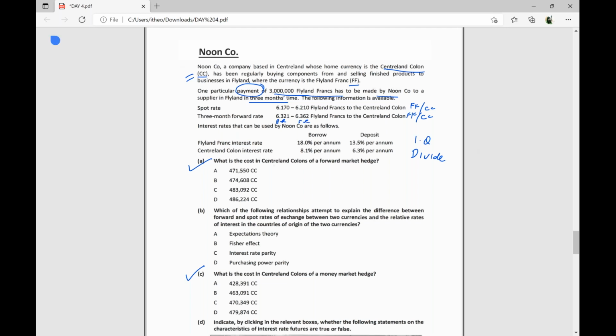Here it's Flyland franc to CC, that means FF over CC. Borrowing rates and deposit rates of the Flyland franc and the Centerland colon are given, per annum. What is the cost in CC of a forward market hedge?